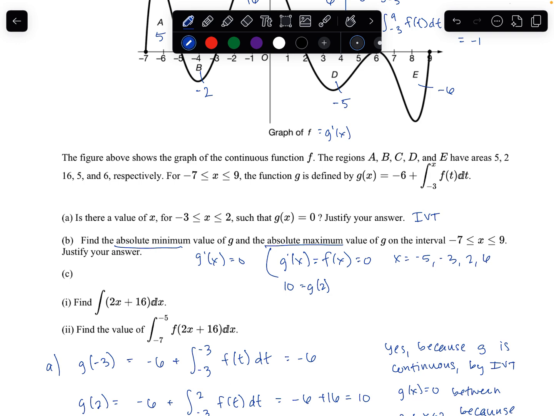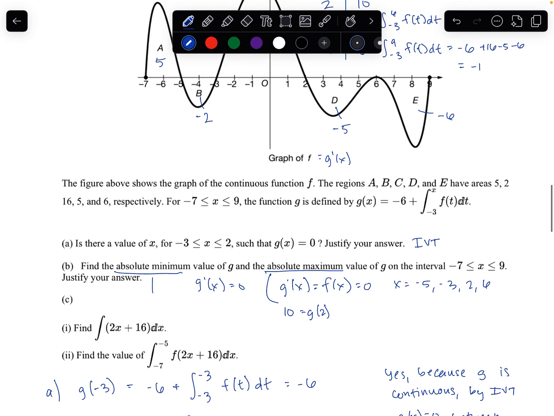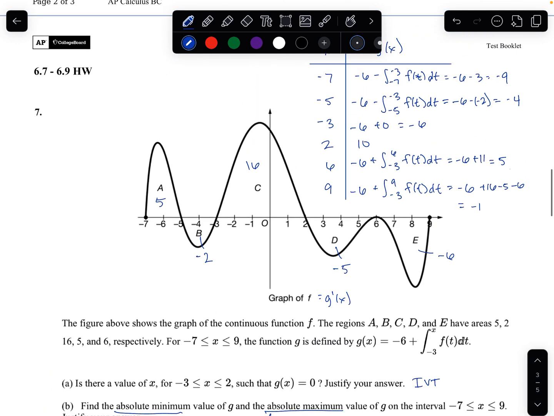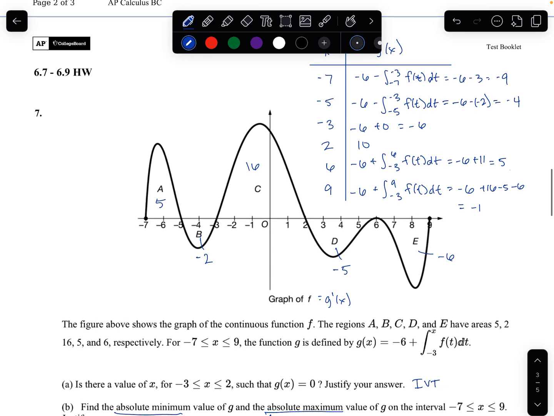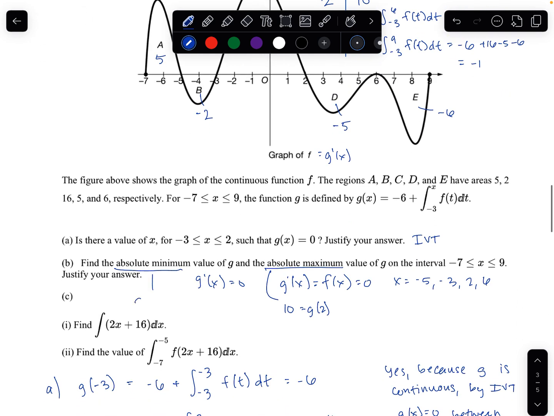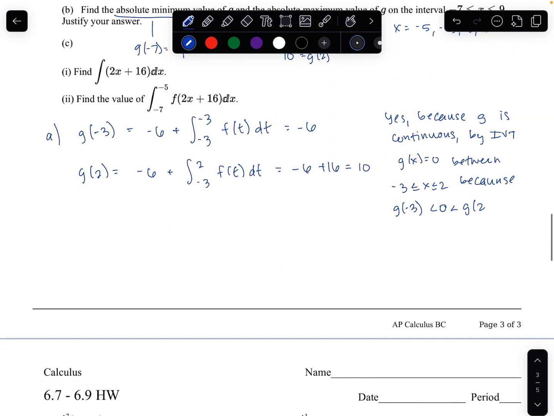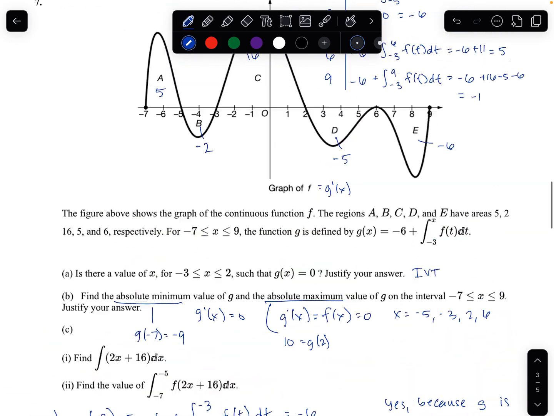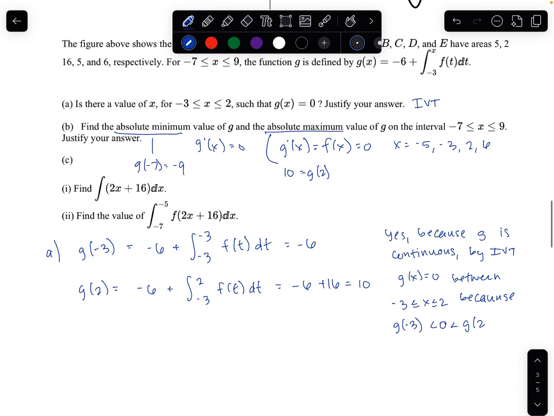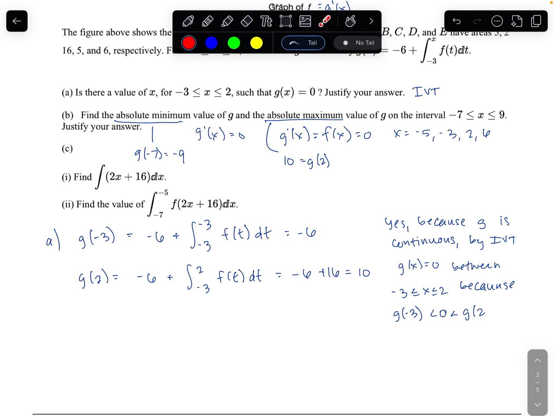And then the absolute minimum is going to be, is that at negative 7? g of negative 7, which is equal to negative 9. Okay, so that one was fun. All right, and took up all my space. Cool.